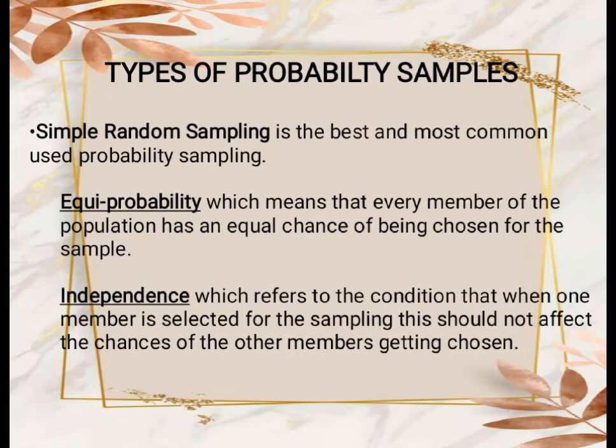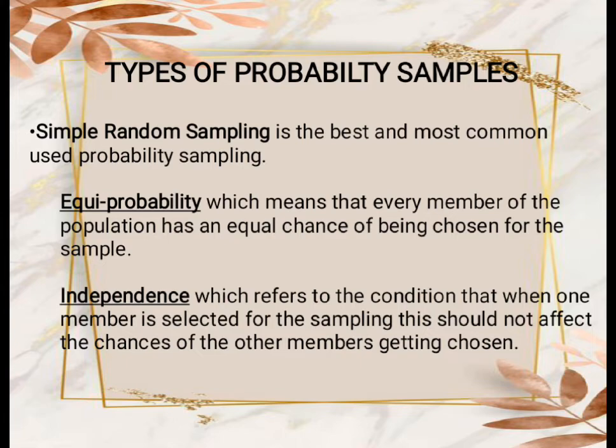Here are the types of probability samples. Simple random sampling is the best and most commonly used probability sampling. According to Ware Sims, he calls it the best sampling procedure. There are two basic principles in random sampling.